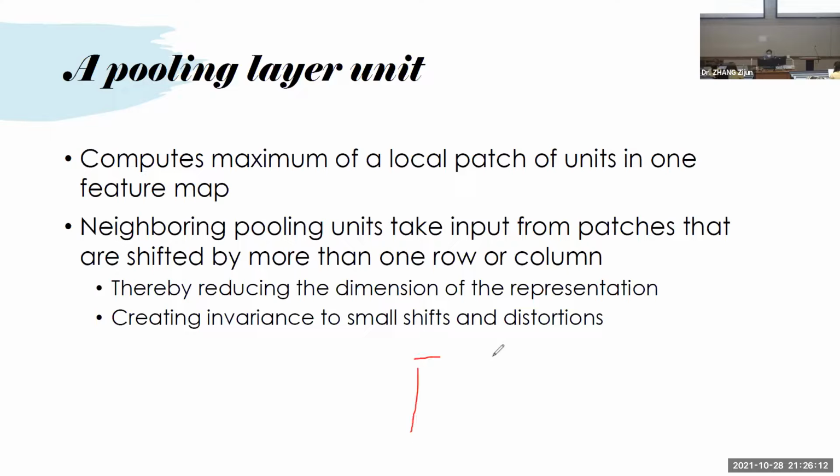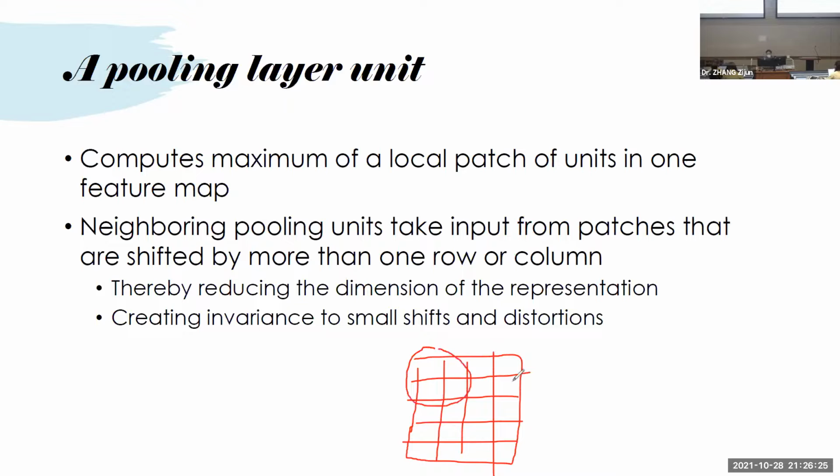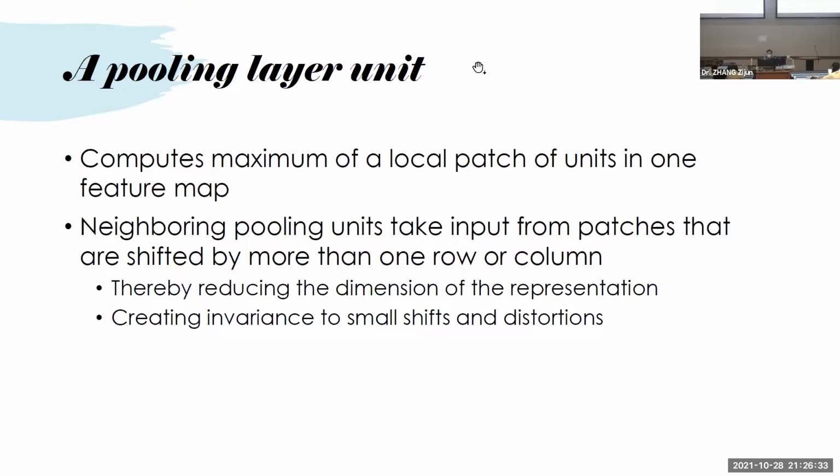So what does that mean? If you have a 2 by 2 pooling, it will be shifted by one row or one column, and we repeat this 2 by 2 operation.